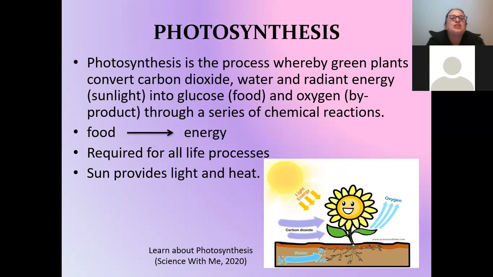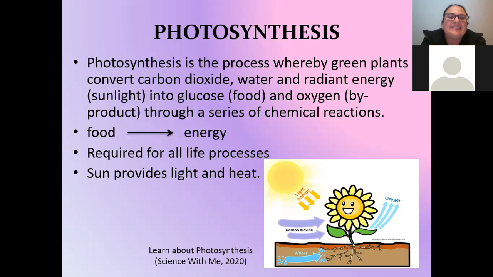Yes. Okay, so repeat back to me, what is the definition of photosynthesis? Photosynthesis is the process where green plants convert carbon dioxide, water, and energy in the form of sunlight into glucose to use as food and oxygen as a byproduct through a series of chemical reactions.